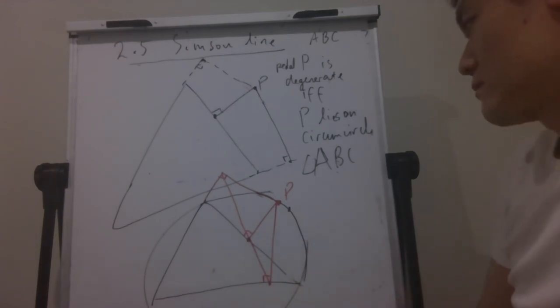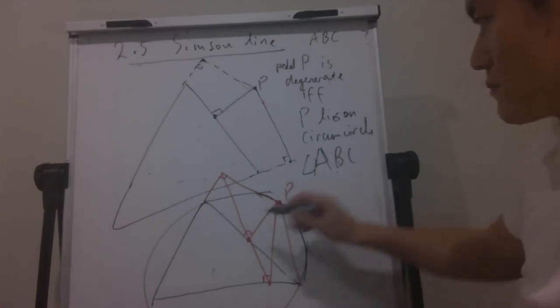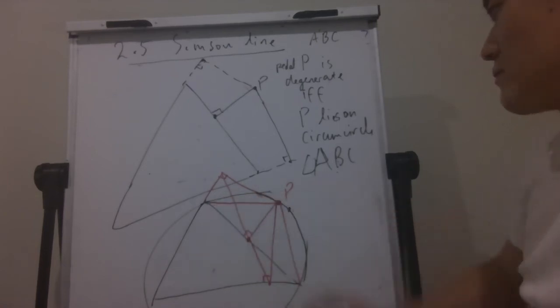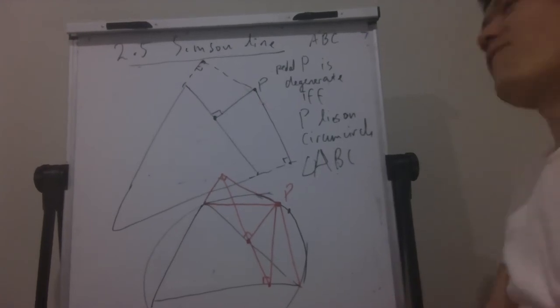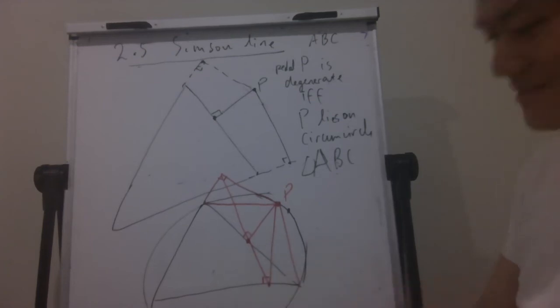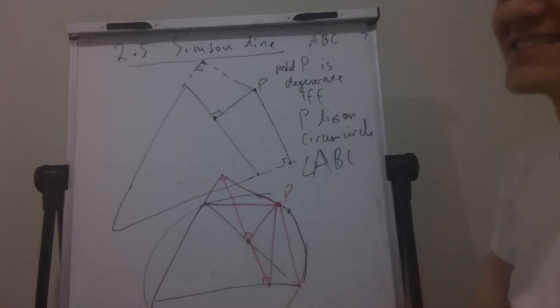Wait, is that a pedal triangle? There is no pedal triangle. If it's degenerate, then pedal line. Simson line is just a degenerate pedal triangle.